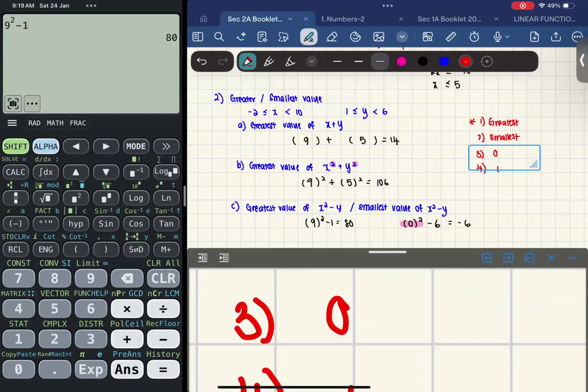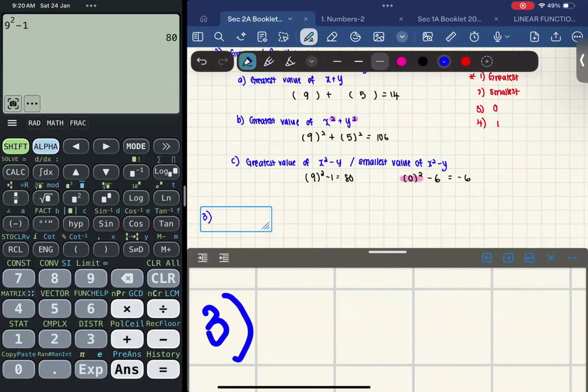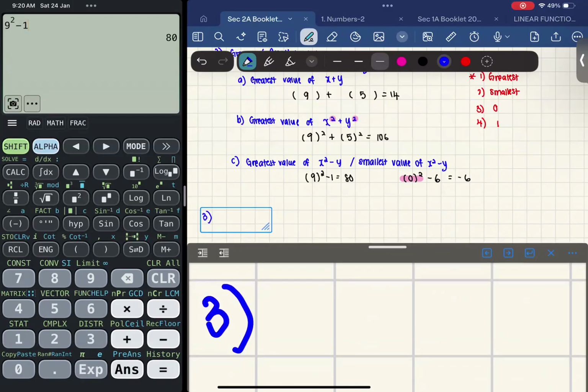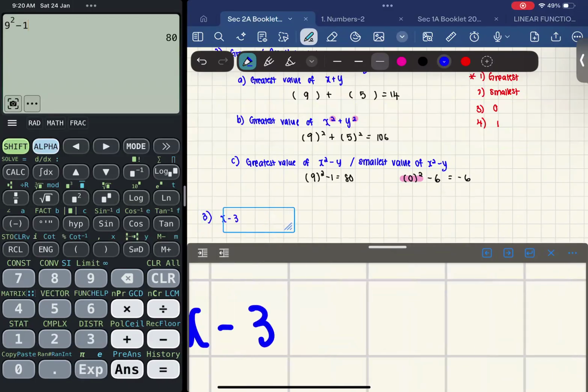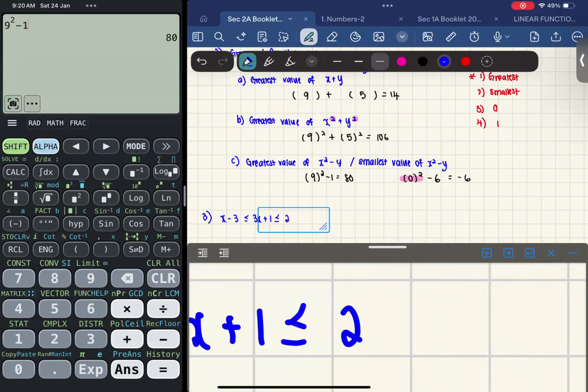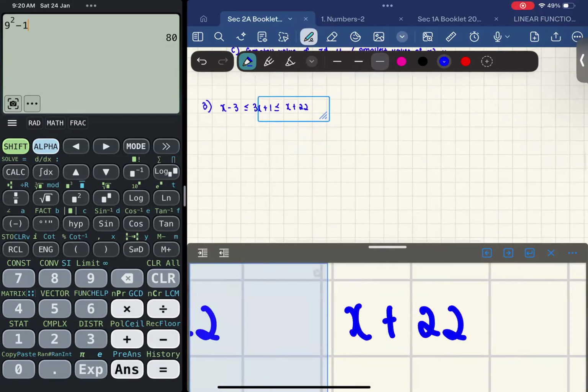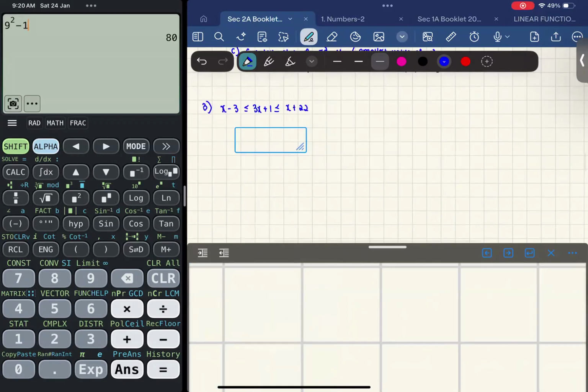Okay, next, number 3. Okay, number 3, you have a linear inequality, okay, that it's very big. Okay, number 3, you have this, and then you are supposed to solve for this inequality here.